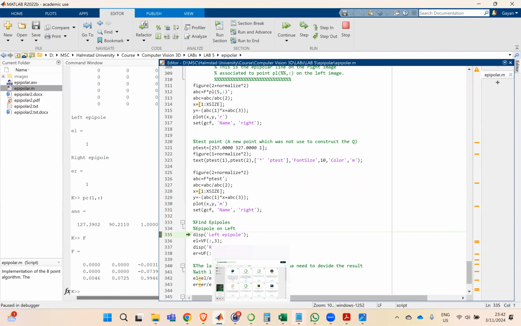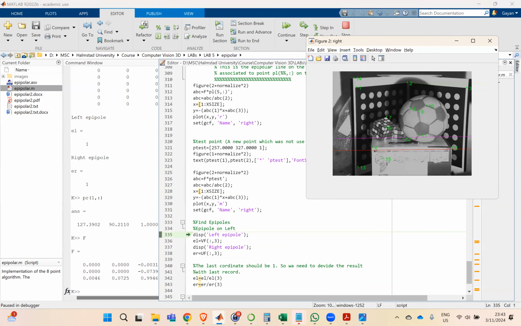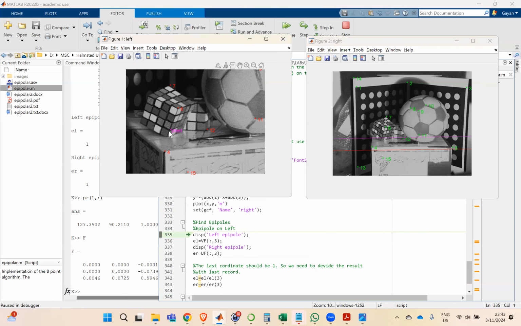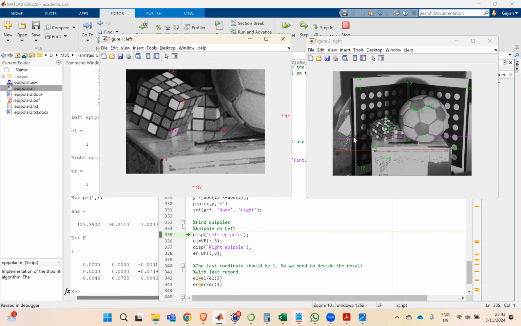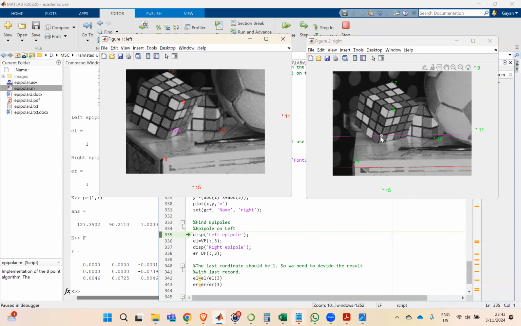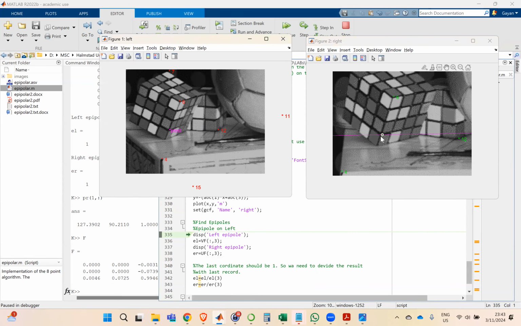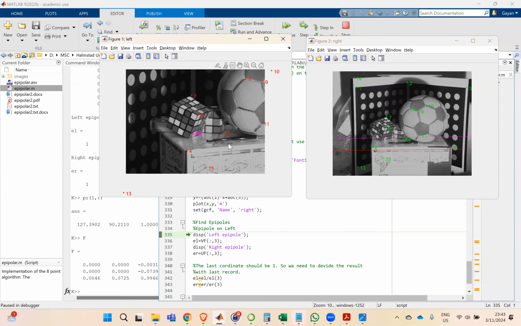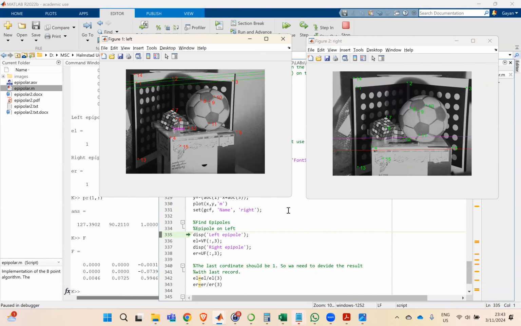Now I should get a line in here. See, we had our p-test point in here, and our line is going exactly to the correct place. So if we search across this line, we can find the best match point. You guys got it? Yes. Okay. Now find the epipole.